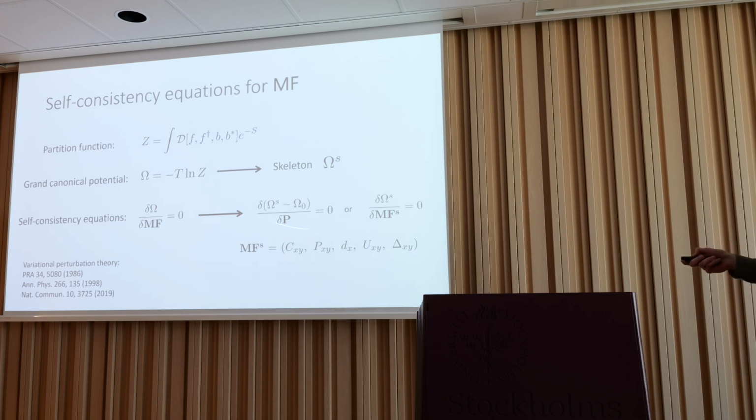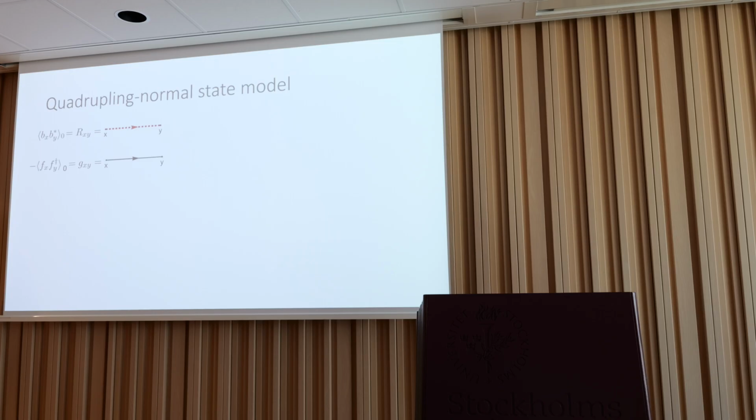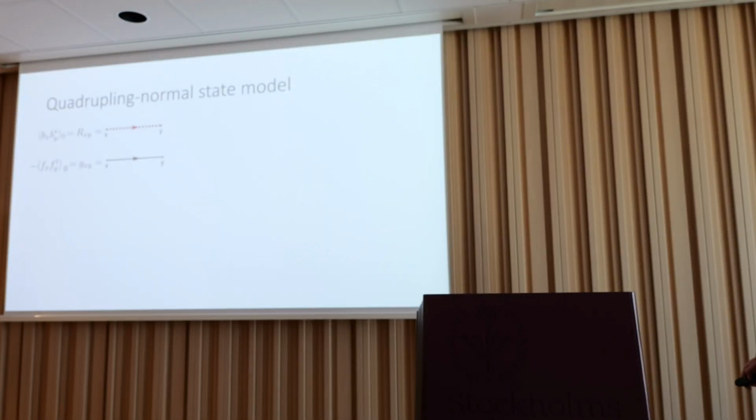This produces the self-consistency equation: either the derivative with respect to all the propagators, or the derivative of this skeleton grand canonical potential with respect to mean fields. This type of thing is related to the Baym-Kadanoff and Luttinger-Ward formalisms, if I'm not mistaken.